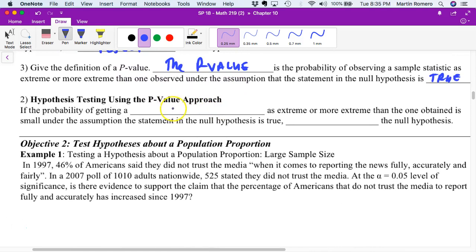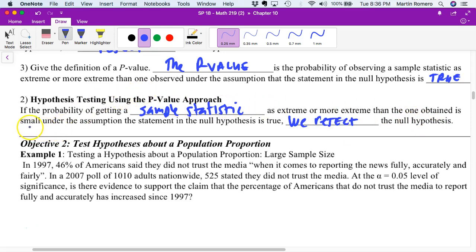And in the p-value approach, if the probability of getting a sample statistic as extreme or more extreme than the one obtained is small under the assumption that the statement of the null hypothesis is true, we reject the null hypothesis.